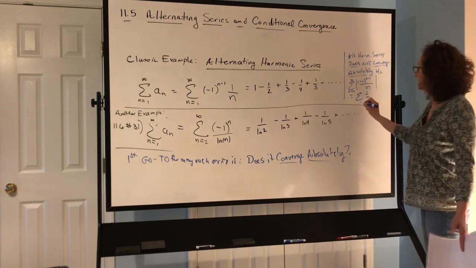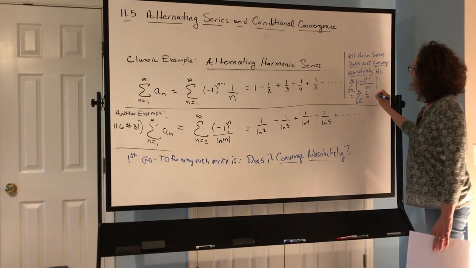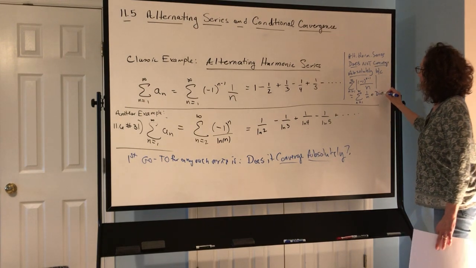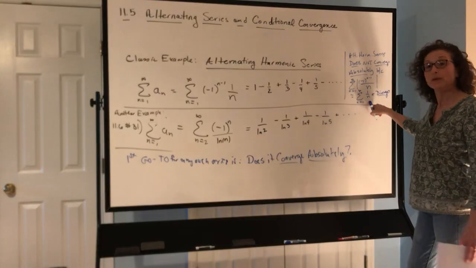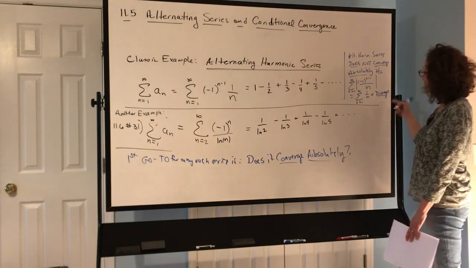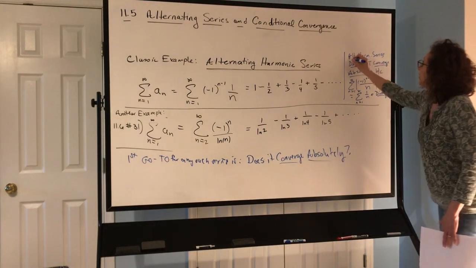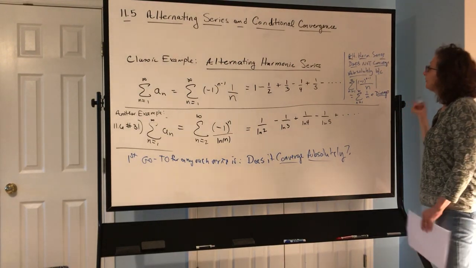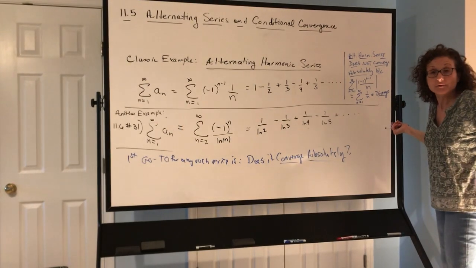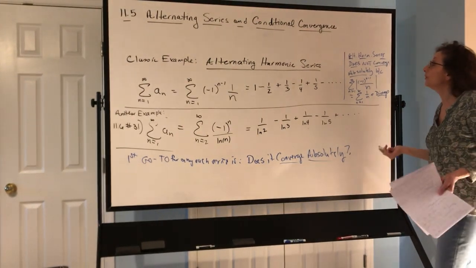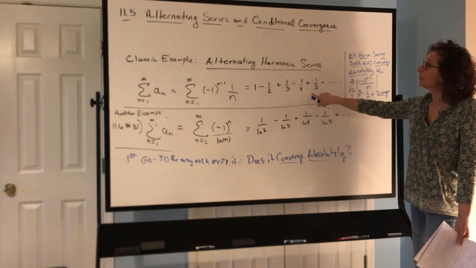The harmonic series. That's where the name came from. And this diverges, we know, because it's a p-series with p equals 1, and p equals 1 diverges. So the alternating harmonic series does not converge absolutely, but it still might converge conditionally. We don't know. Or it might diverge.